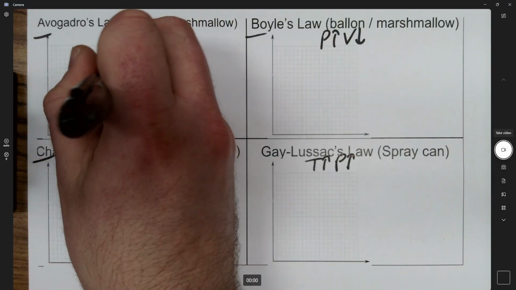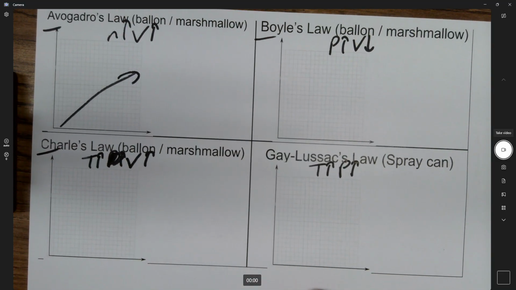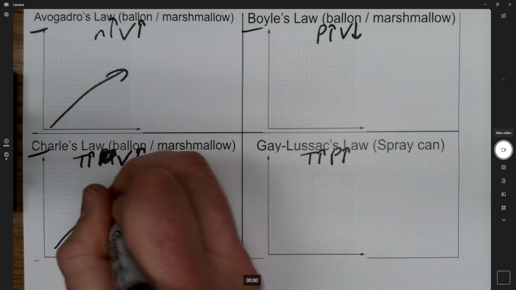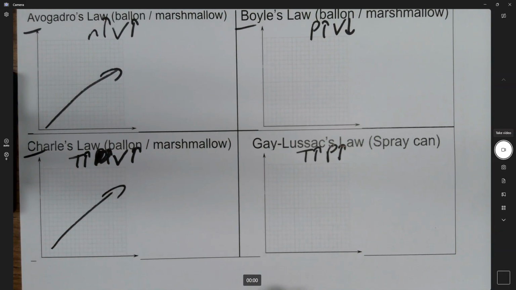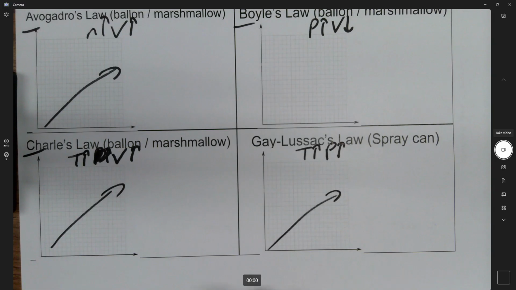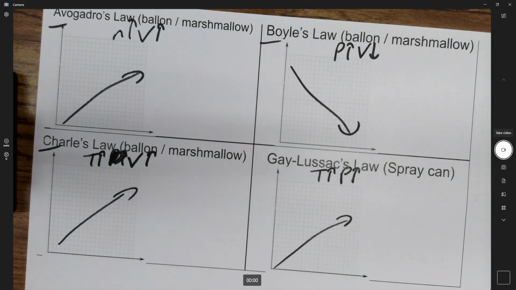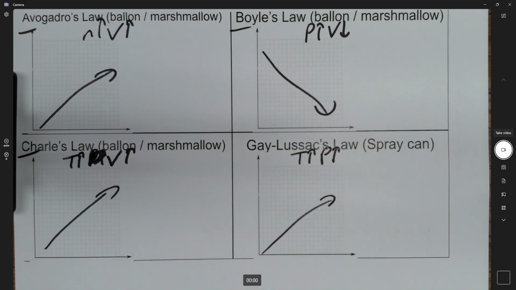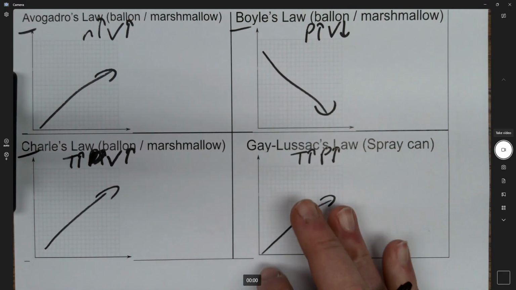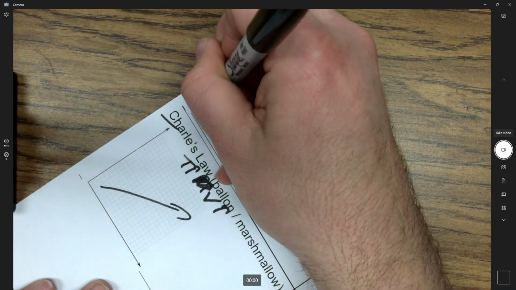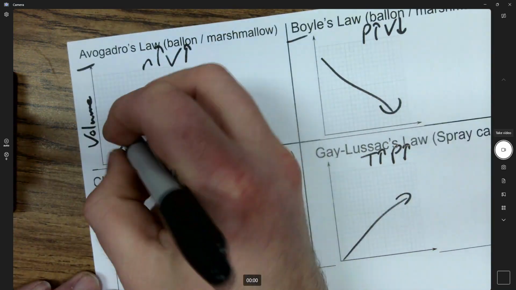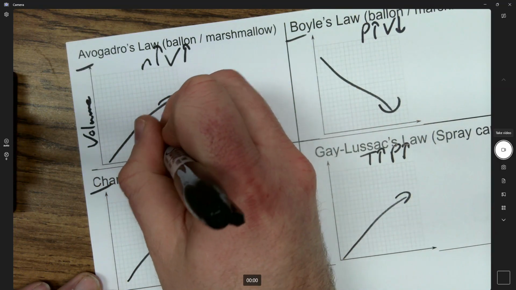Avogadro is a direct relationship. Charles is a direct relationship. Gay-Lussac's is a direct relationship. Boyle's is an indirect relationship. So here we have volume over moles.